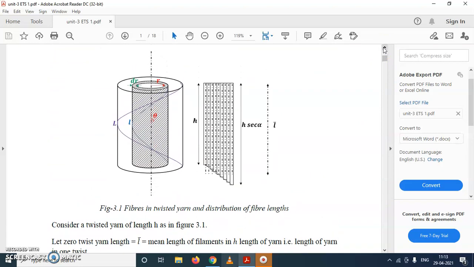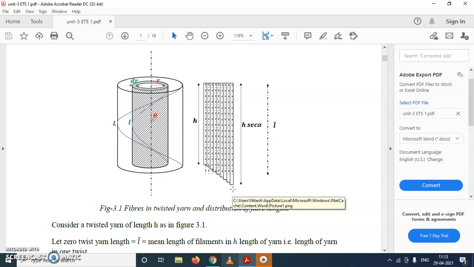Up till now we have studied the idealized yarn structure, in which this H is denoted by the length of the yarn for one turn of twist, and this L is denoted by the length of the filament. So if we just go through this diagram, this is the length of the filament at the center, and this is the length of the filament at the surface.